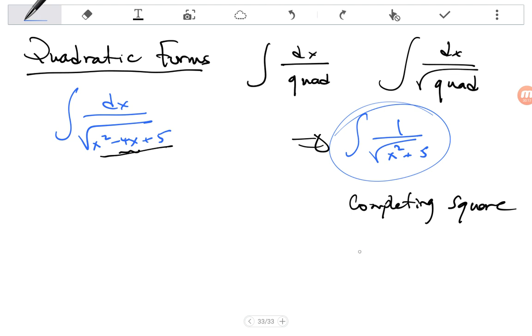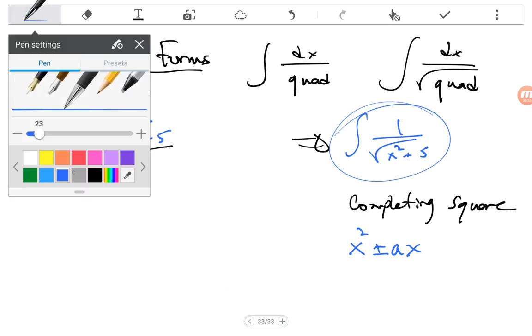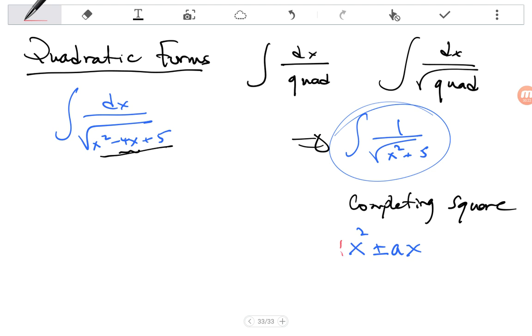If I had x squared plus or minus ax, and assuming that the coefficient of x squared is 1, what is the rule?